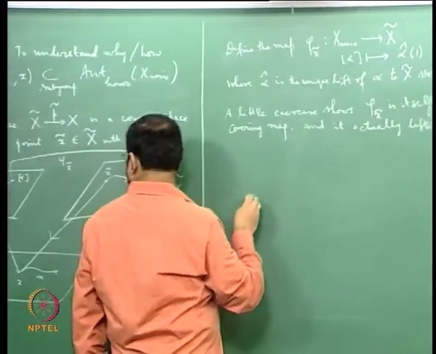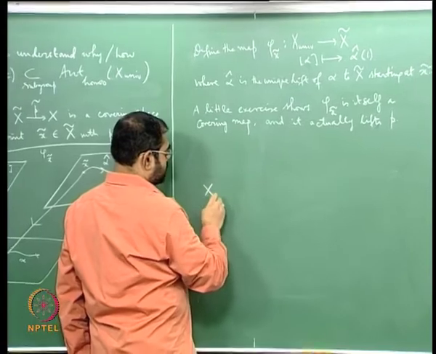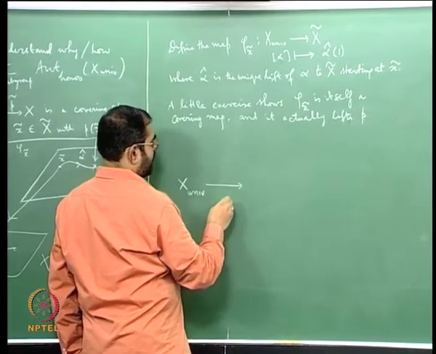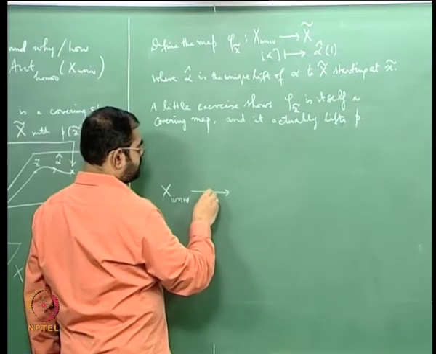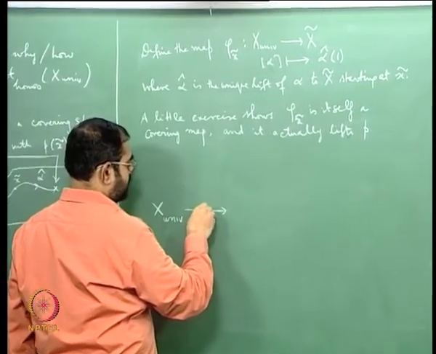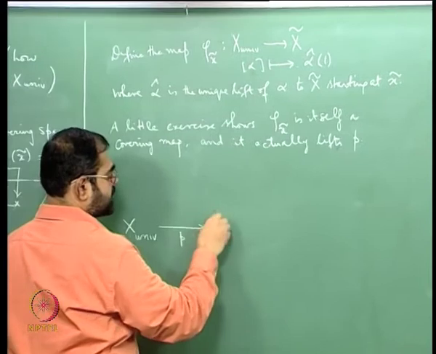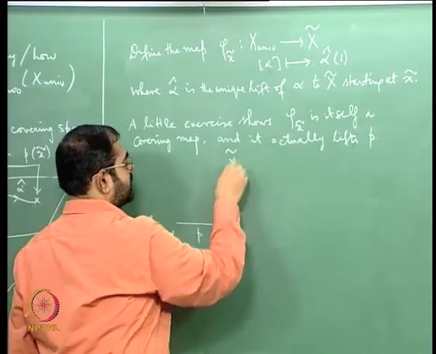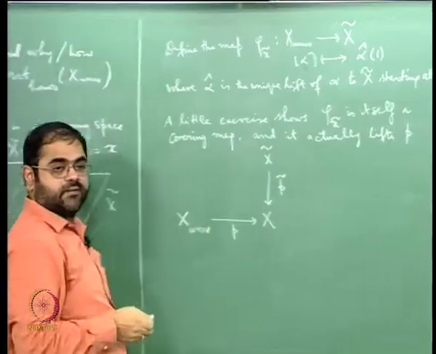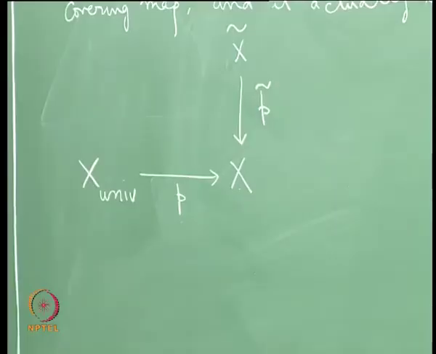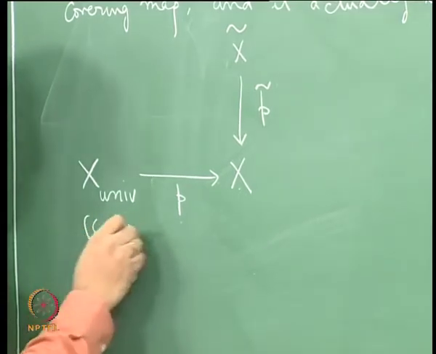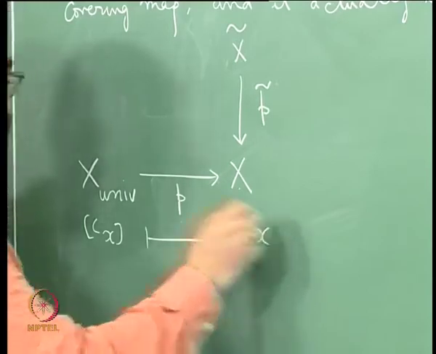So you see what is happening is I have x uni, okay, and I have this map P to x, okay. Then I have x tilde, P tilde, this is your covering given to you, and then there is this point Cx here which goes under P to x, okay.